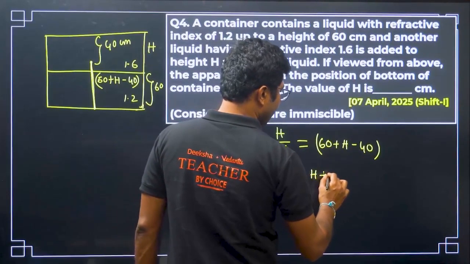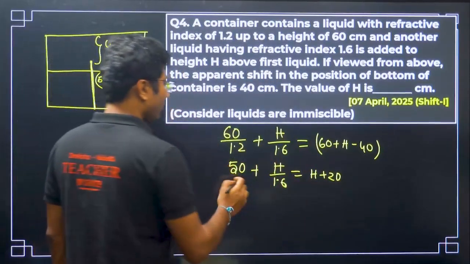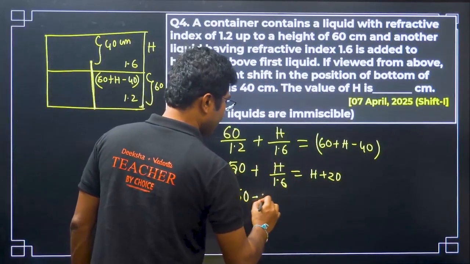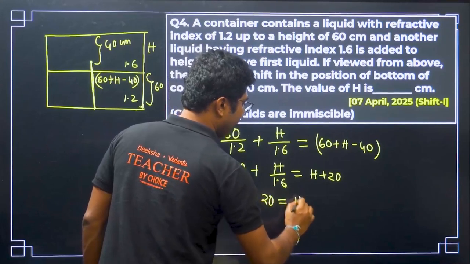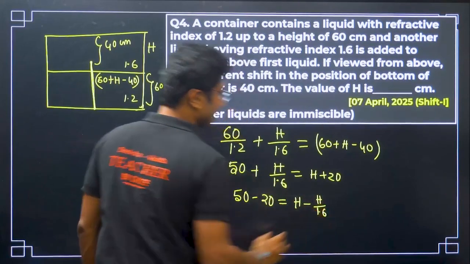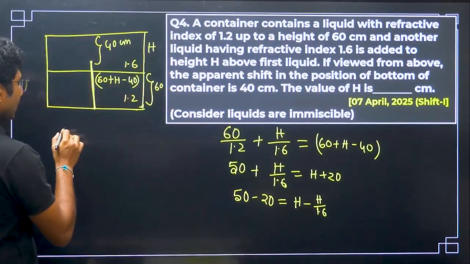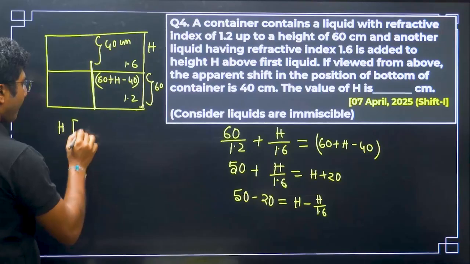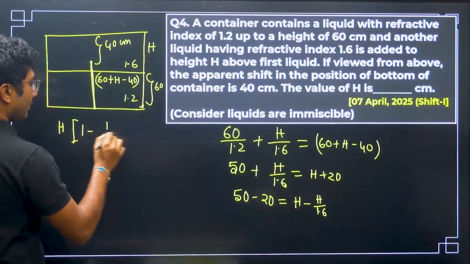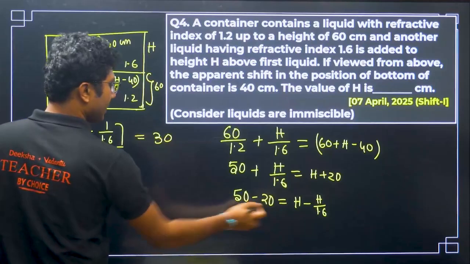h plus 20. Now all the h terms will be on the same side. Okay, so 50 minus 20 will be equals to h minus h by 1.6. Okay, now simplify this. Let me write it over here. So h is common, 1 minus 1 by 1.6 equals to 30, right. 50 minus 20 is 30.